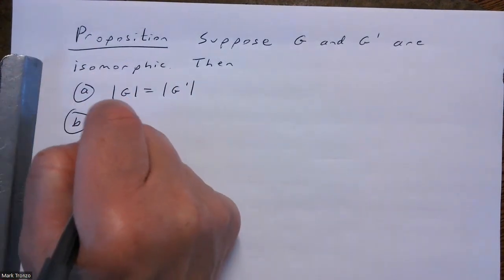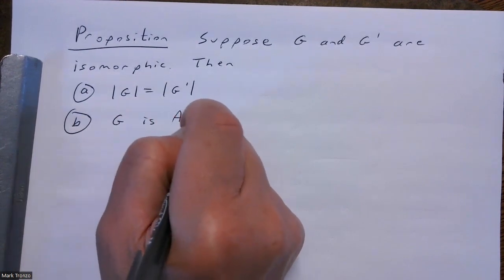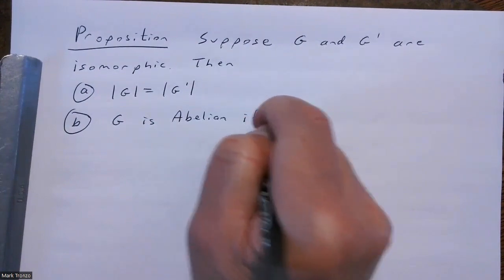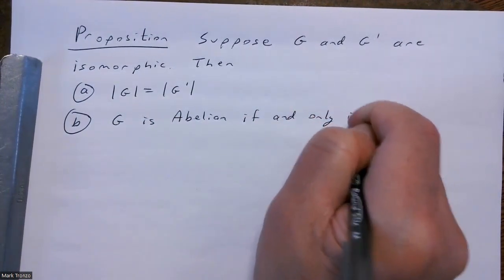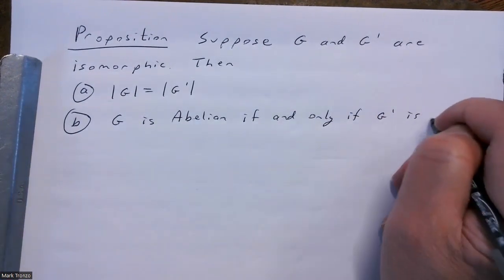And B, G is abelian if and only if G prime is abelian.